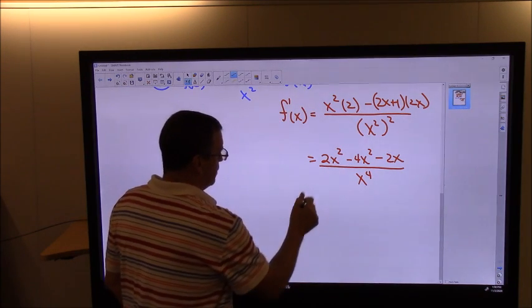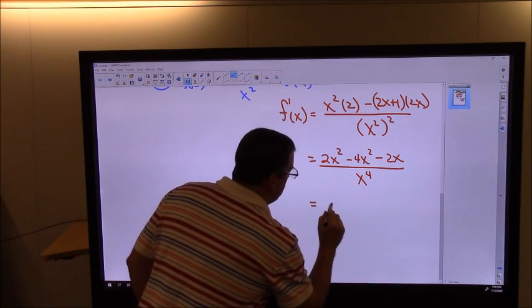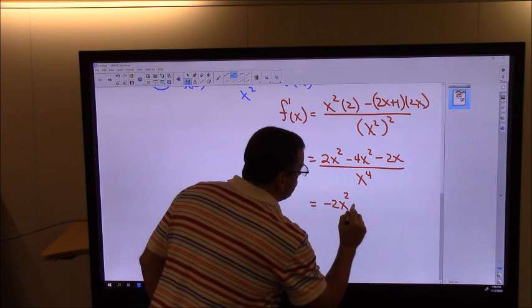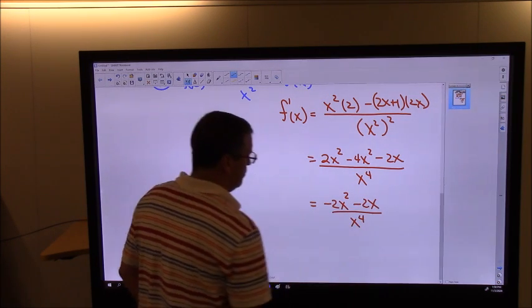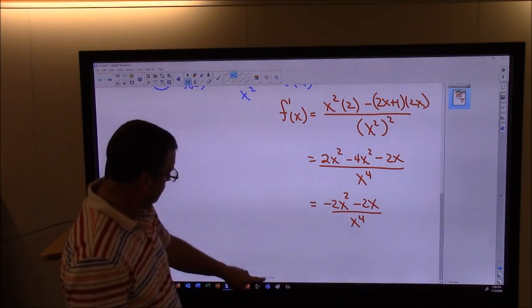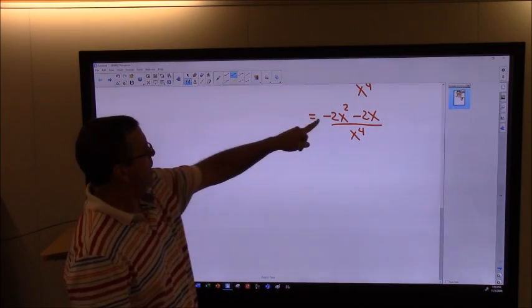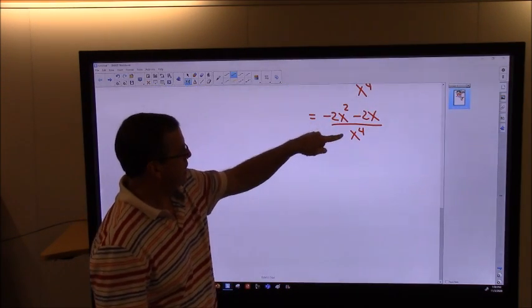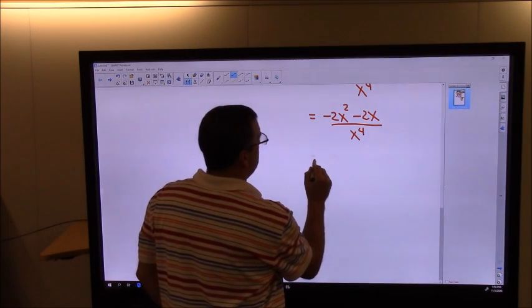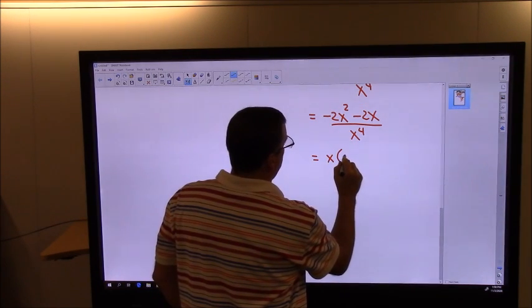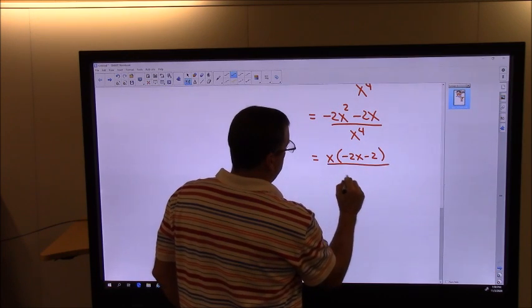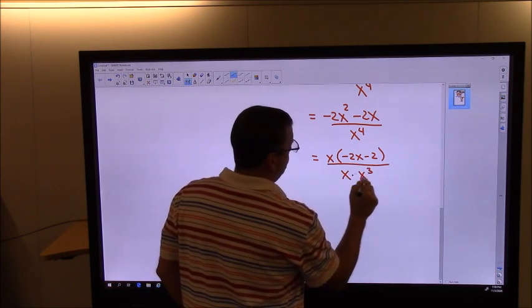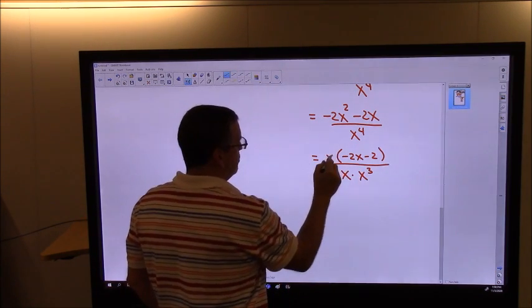If I add my like terms here, I get a negative 2x squared minus 2x over x to the fourth. I could factor an x out of each of these and then cancel it with what's in the denominator. So x times a negative 2x minus 2 over x times x cubed. Those will cancel.